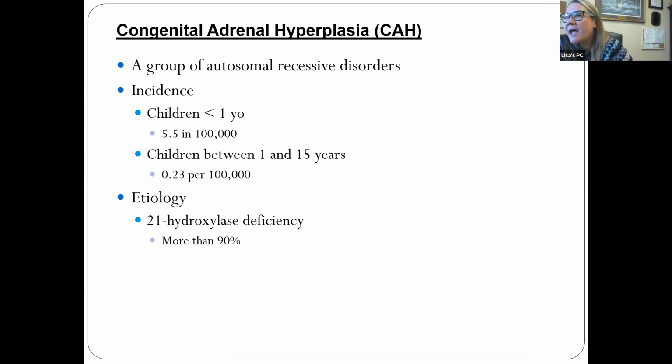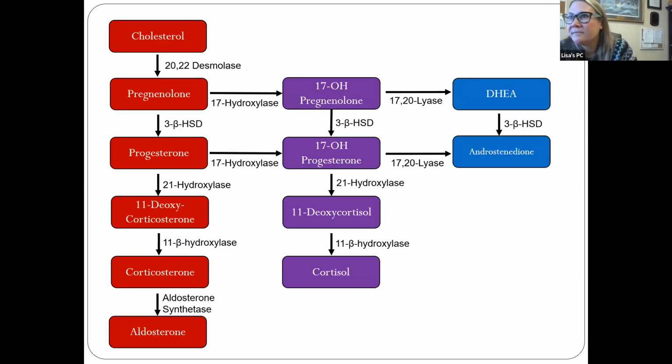In more than 90% of cases of CAH, it results from a 21-hydroxylase deficiency. So whether it presents in infancy or later, more than 90% of the time, it's from a defect in this enzyme. 5% of the time, it's from a defect in 11-beta hydroxylase. And then for the remainder, it's one of these other rare forms.